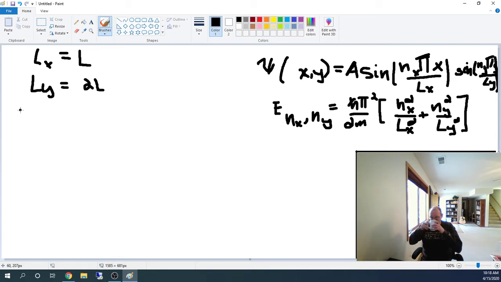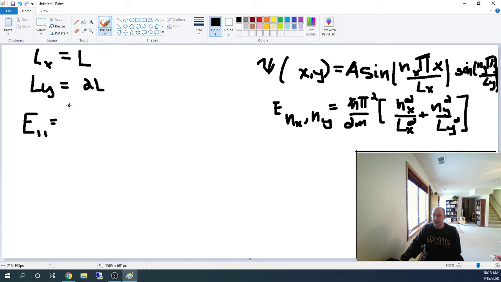What we'll do is remember what our energies are here. We can look at E 1, 1, which corresponds to n sub x equal to 1 and n sub y equal to 1. What energy is that going to be? L sub x is equal to L and L sub y is equal to 2L, so let's pull that common factor of L squared out.